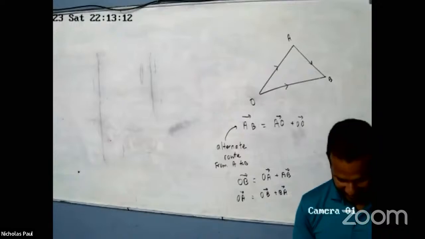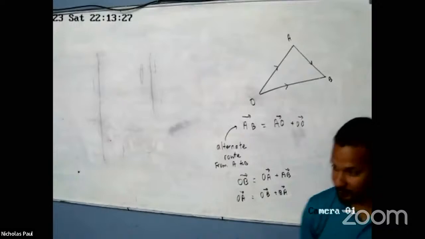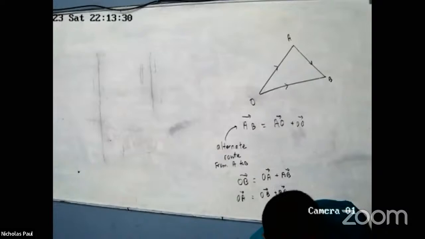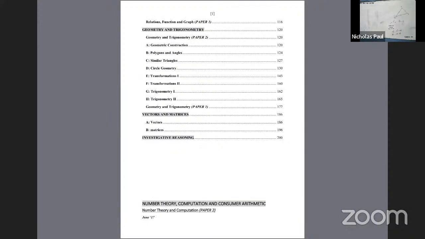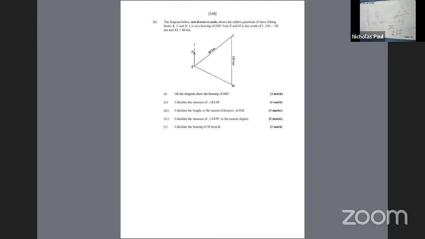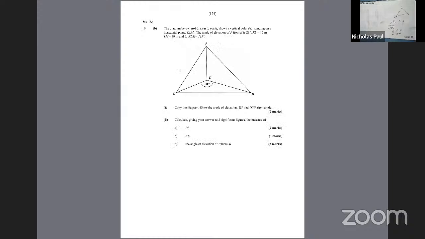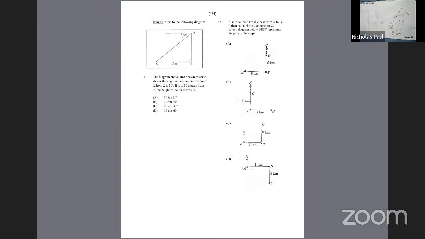Just use the brackets now. I'm always blaming that.